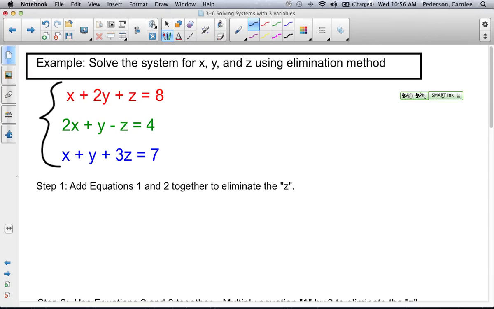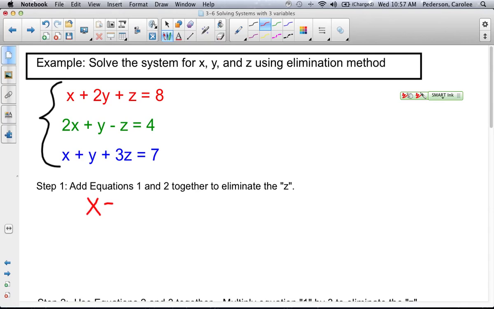So go ahead and write the three equations down. Step 1 is to add equations 1 and 2 together to eliminate the variable z.